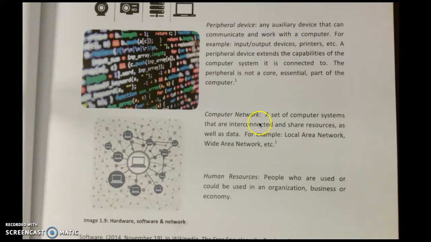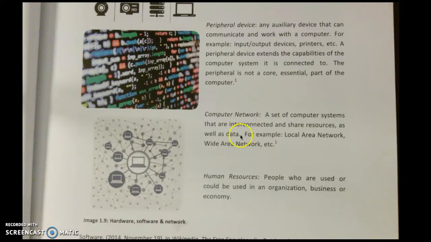Okay, next, a computer network. This is a set of computer systems that are interconnected and share resources as well as data. For example, a local area network, a wide area network, etc. So an example would be the computer lab that you find in most computer classrooms. Those are on a network. They're interconnected.